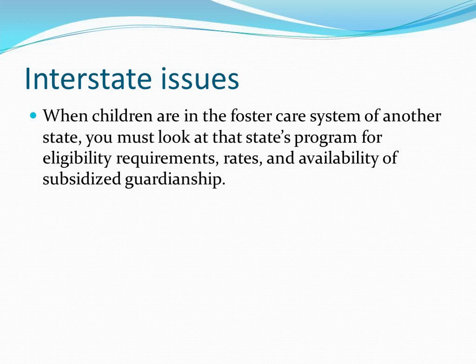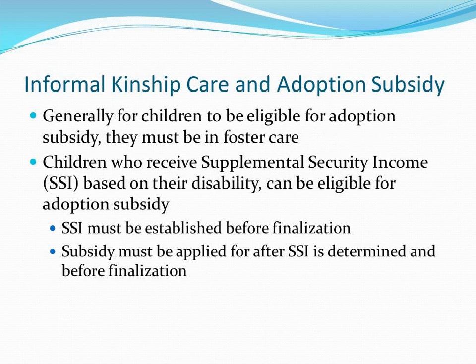I run into this issue a lot where children don't formally come into the system. We sort of covered this at the beginning, over what are your options. And what I hear a lot from relatives who end up calling me trying to get adoption subsidy is that when CPS got involved, they knew that this relative was involved in the child's life, and they helped them get legal custody of the child.